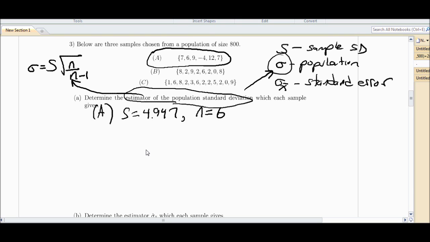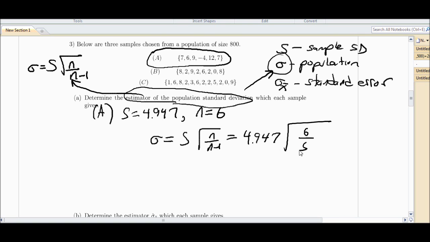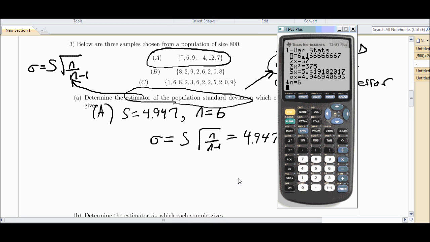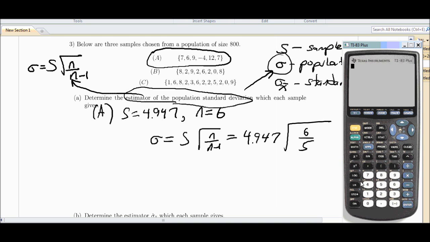My n is 6, so then you would use this formula, which is 4.947 times the square root of 6/5. And then we would plug that into the calculator. So we have 4.947 times root.